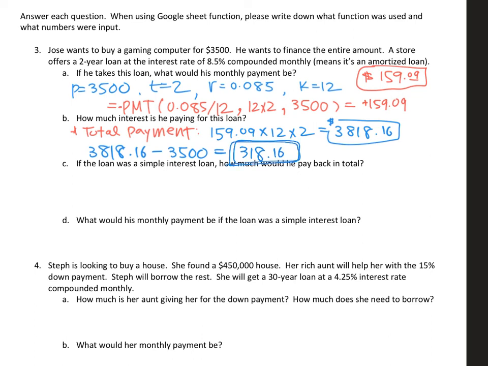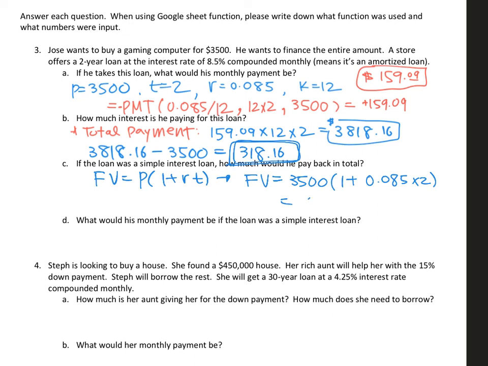All right, let's look at the next one. If the loan was a simple interest loan, how much would you pay back? Again, for simple interest, we have to use this formula. Simple interest is P times (1 plus RT), right? So the future value is, principal is 3,500, that's how much he's going to borrow, times 1 plus interest rate, 0.085, times time, 2 years.